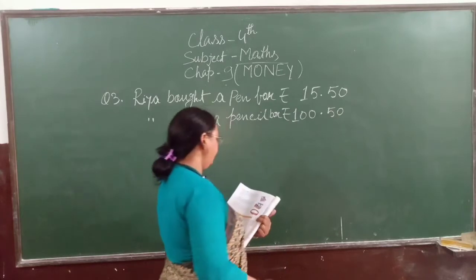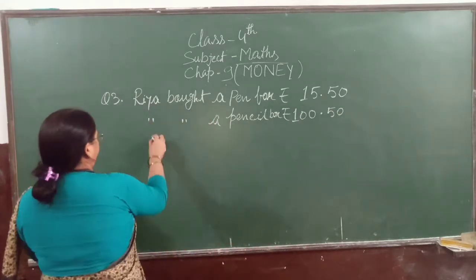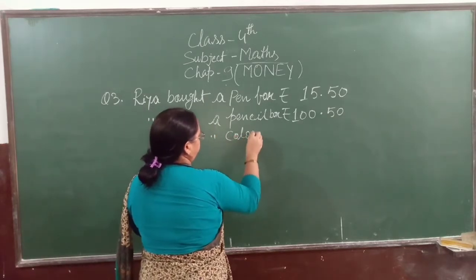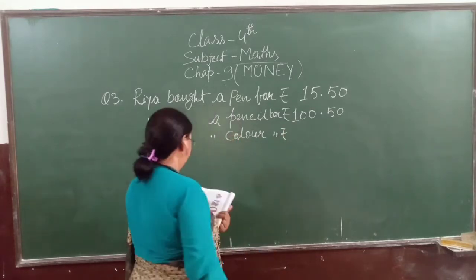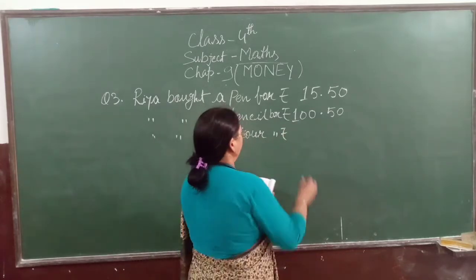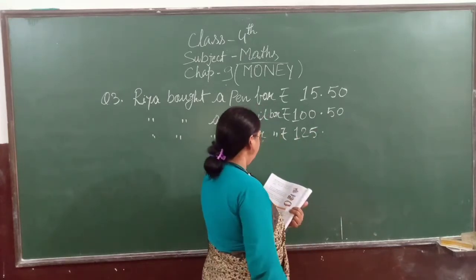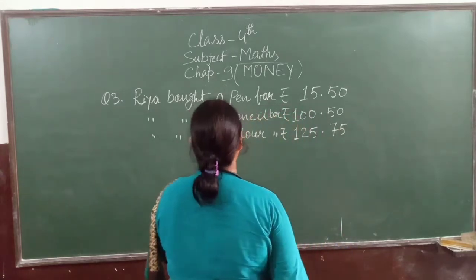And again, Riya bought a color for rupees, how much rupees? 125 rupees and 75 paise.